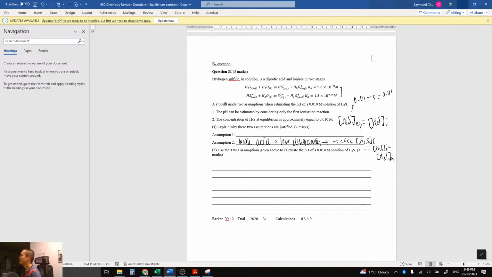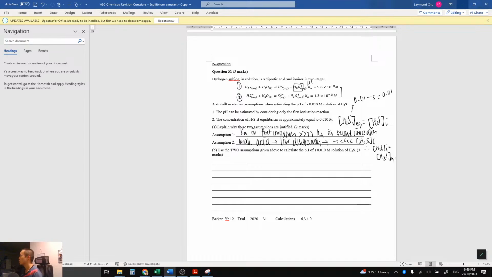Your second, in comparison, is low. So what you expect is your H3O plus or your H plus ions is going to mostly come from your first reaction. Okay, so that's our justification for assumption 1. So we can say the Ka in first ionization is greater than our Ka in our second ionization. Okay.